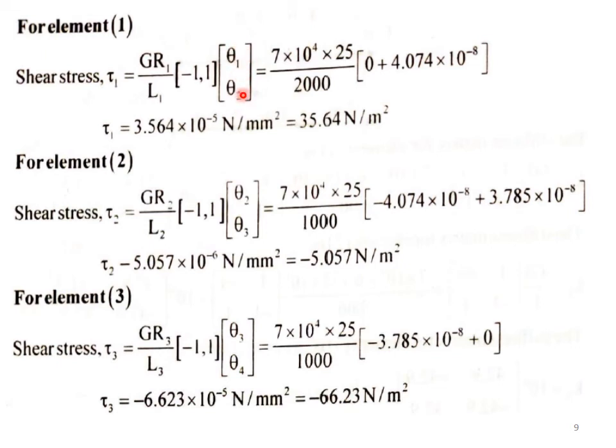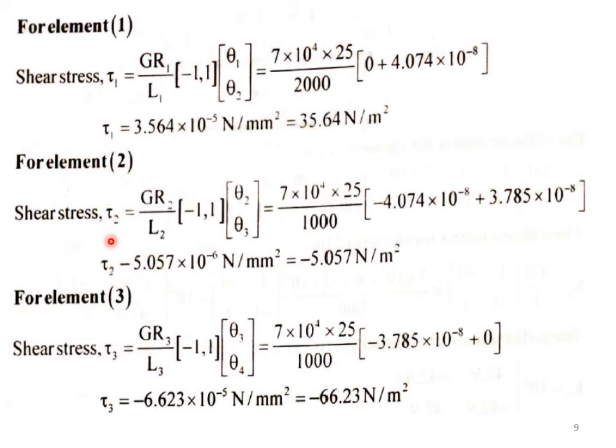So theta 1, theta 2. 7 into 10 to the power of 4 into R1 is 25 divided by 2000, 0 plus 4.074 into 10 to the power of minus 8. For the simplification, we will be getting the value of tau 1 as 3.564 into 10 to the power of minus 5 Newton per mm square, 35.64 Newton per meter square.